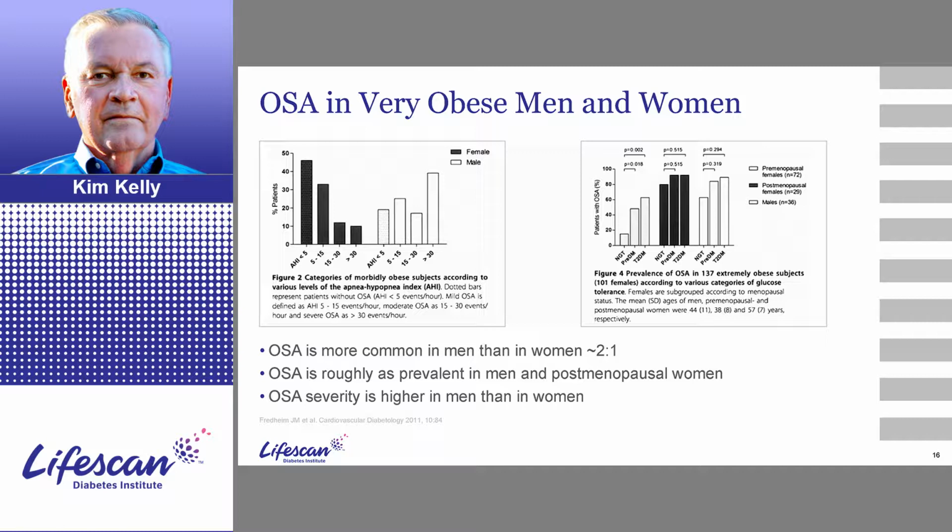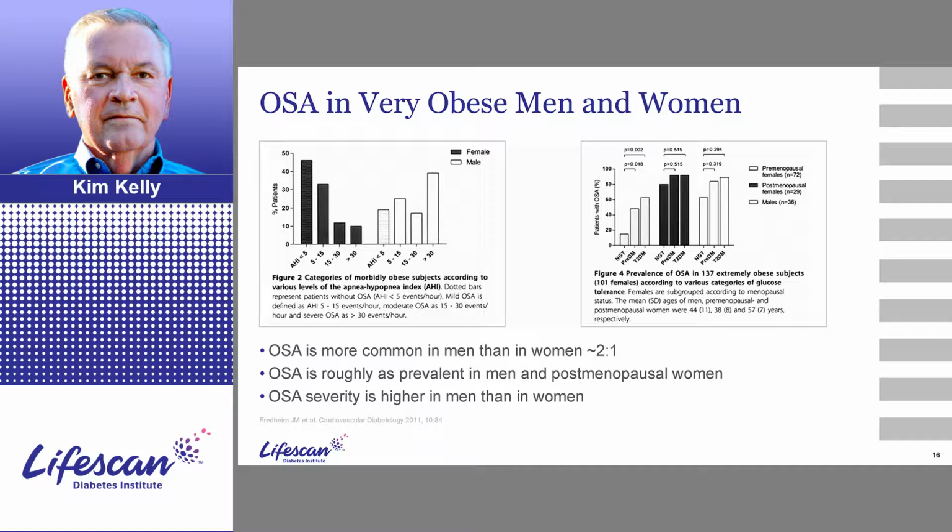If you do the subtraction, the majority of people actually have sleep apnea. The light bars are men. The dark bars are women. You can see that in women with sleep apnea, the more severe sleep apnea is relatively less frequent. For men with sleep apnea, the more severe sleep apnea is relatively more frequent.